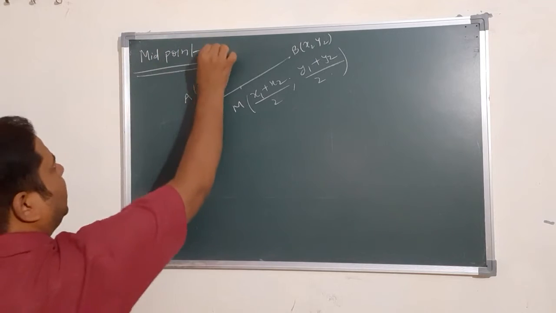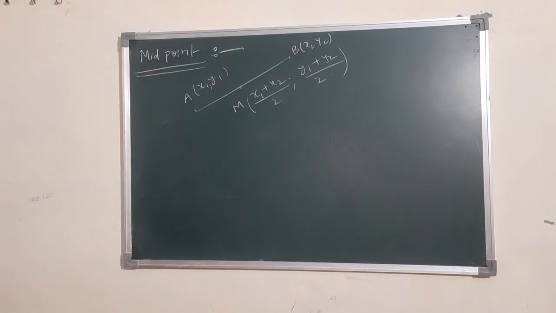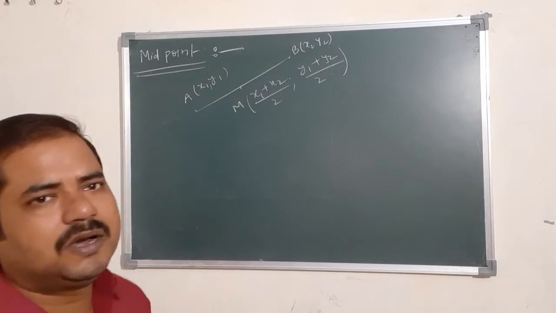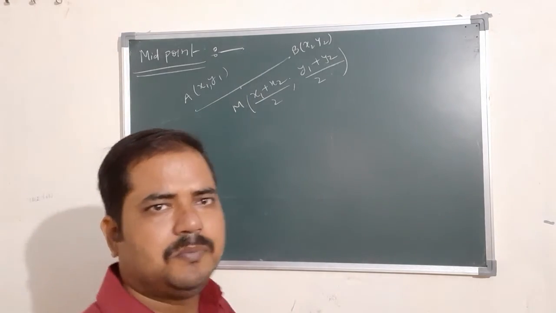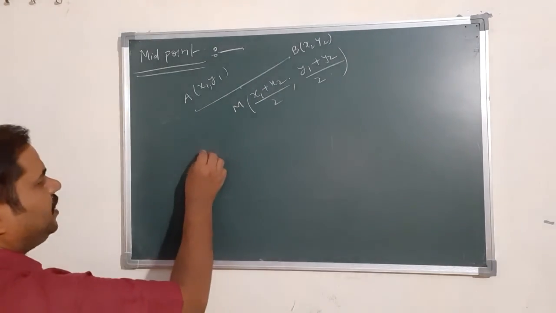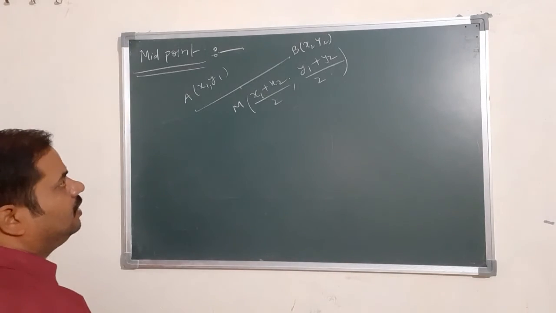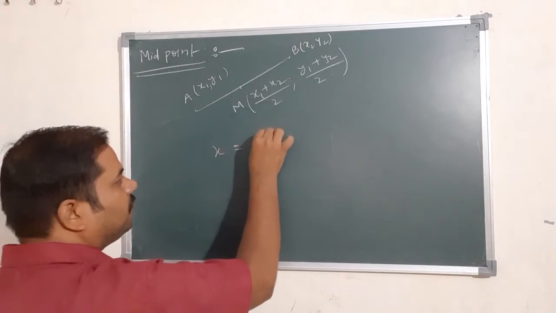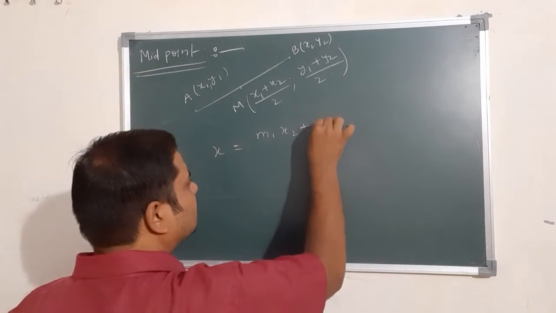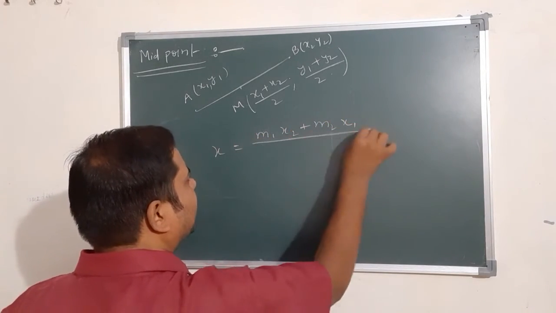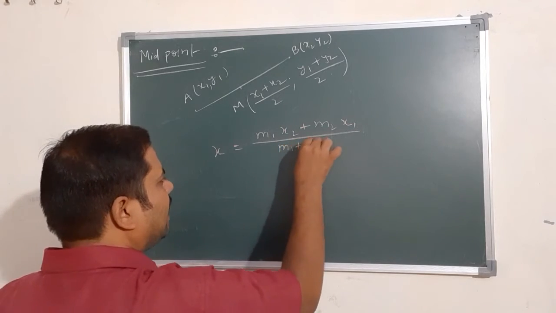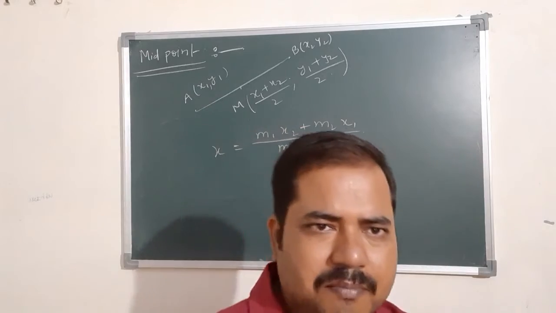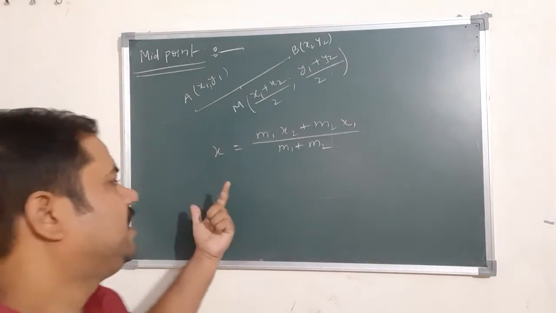If we see how it will come, you know very well that for the midpoint the ratio m1 to m2 is 1 to 1. So if we use the section formula, we get x is equal to m1 x2 plus m2 x1 divided by m1 plus m2. Either you write the same ratio, m ratio m, or you write 1:1.